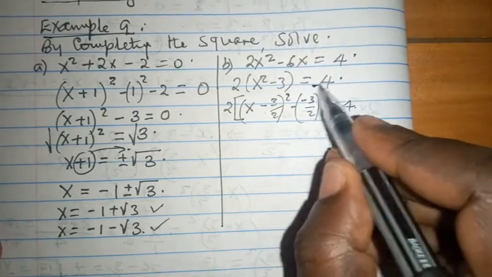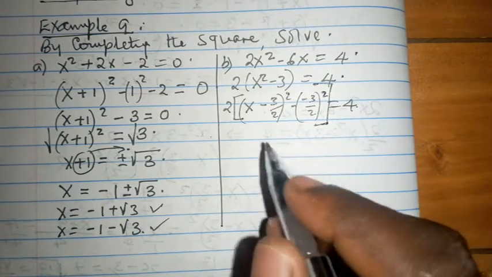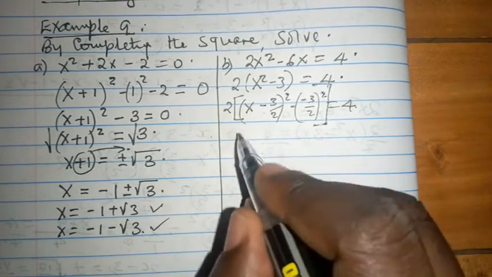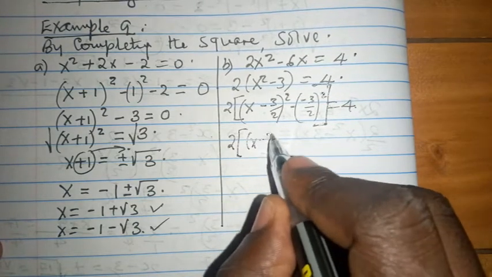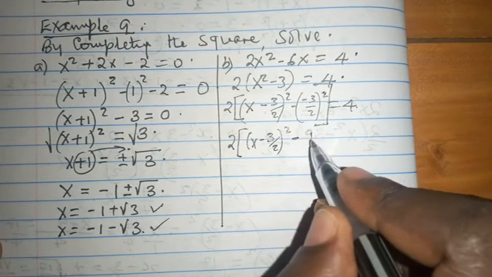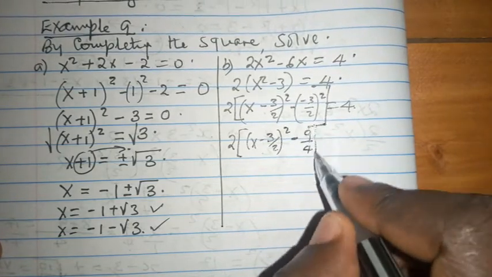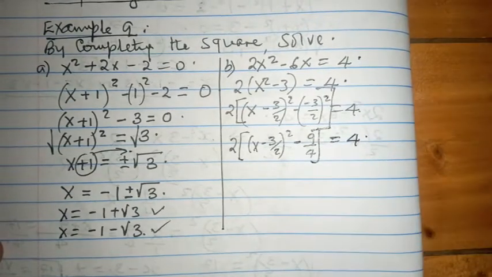And this affects the whole thing at that particular point. So what we have is 2 times (x minus 3 over 2 squared minus 9 over 4), close the major bracket, and then is equal to 4.